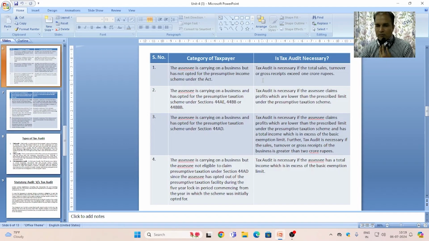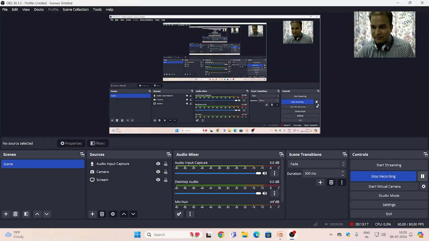So let me start with the category of taxpayer and whether tax audit is necessary or not. Point number 1, the SSC is carrying on a business but has not opted for the presumptive income scheme under the Act.